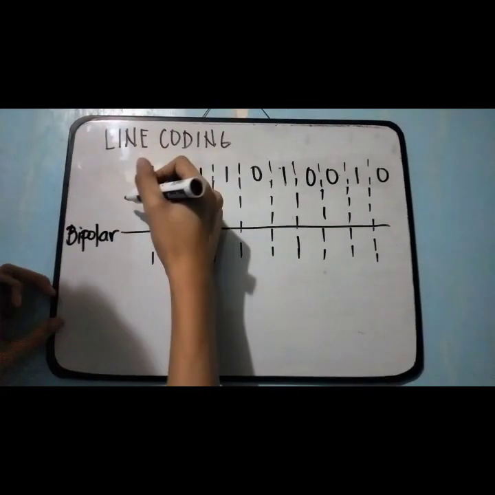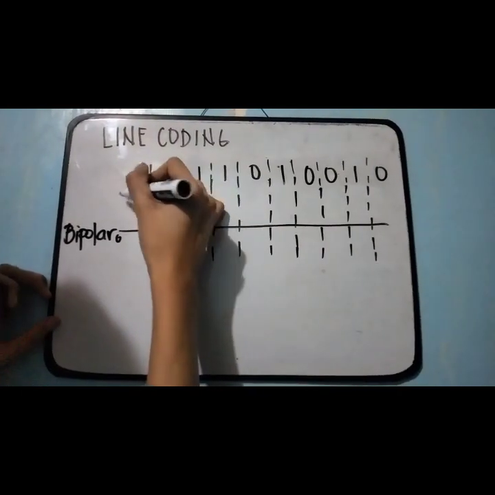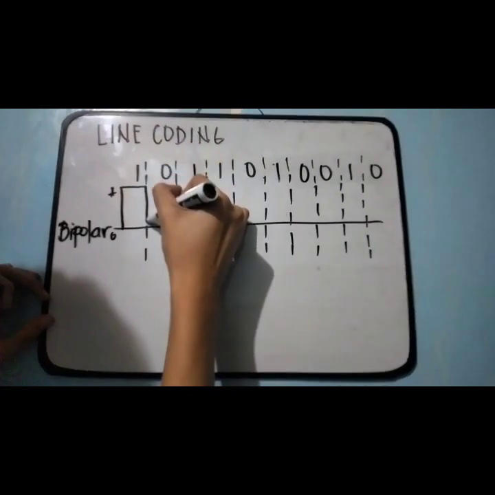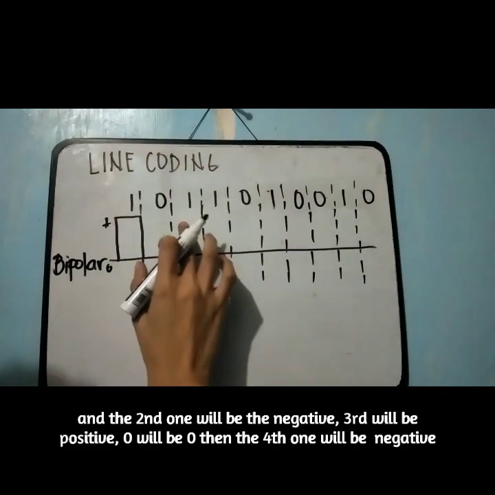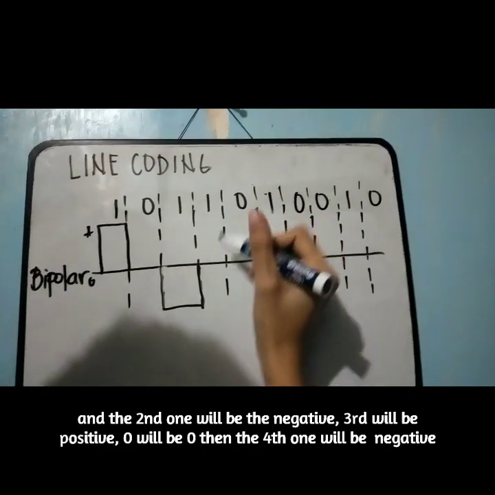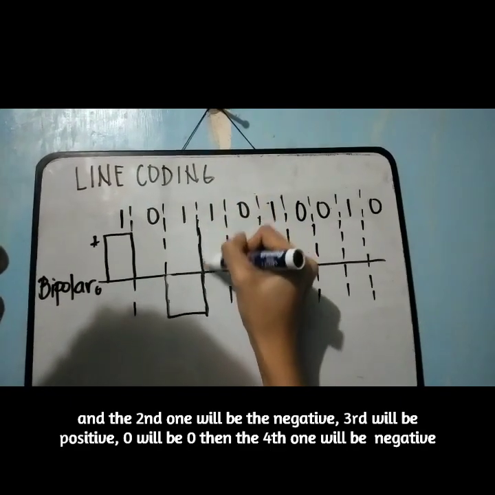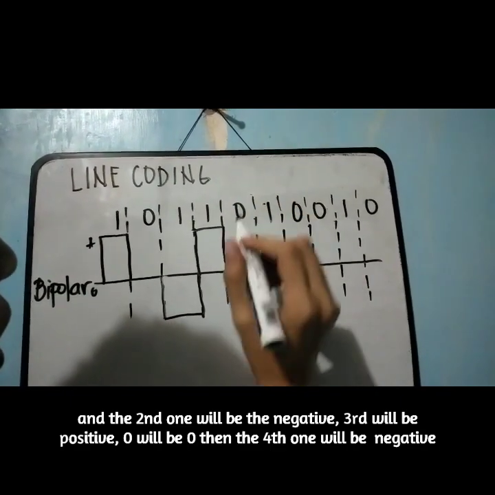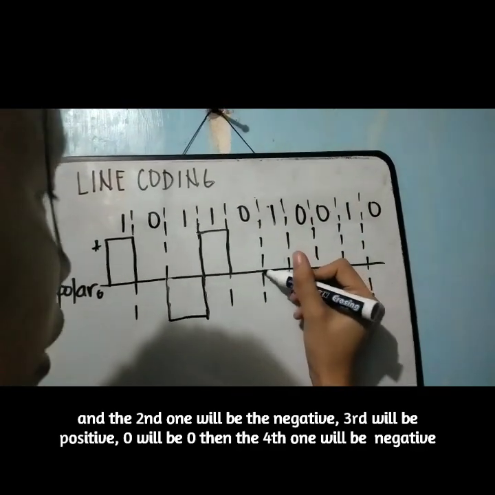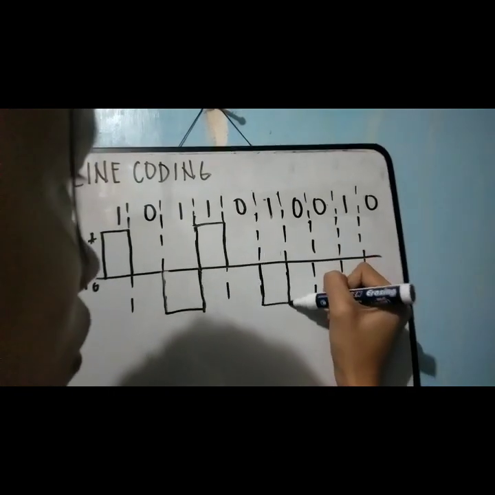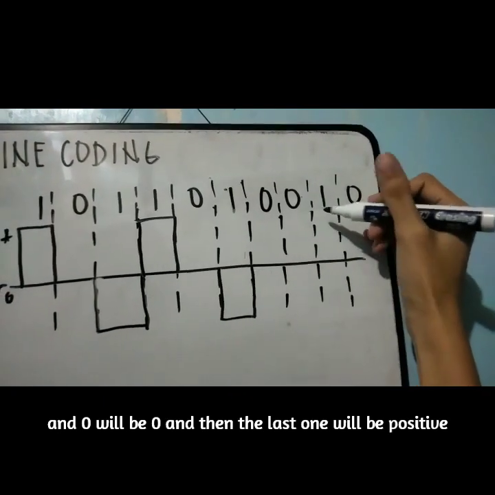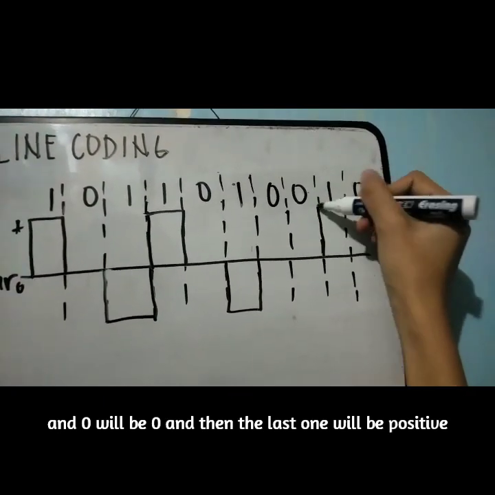So here's the 0 and amplitude 1: positive, and the second one will be the negative, and the third will be the positive. 0 will be 0, then the fourth one will be negative, and 0 will be 0, and then the last one will be positive.